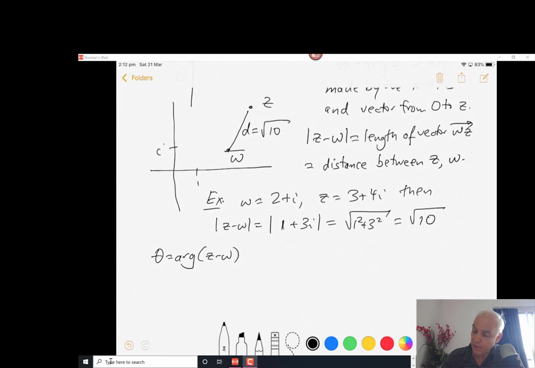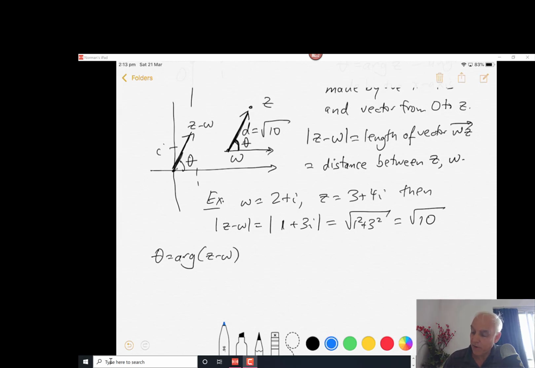Here is a line parallel to the x-axis, and then here is the vector from W to Z, and the angle theta right there is the argument of Z minus W. Actually, Z minus W as a vector would be the same vector down here, just translated so that it's starting at the origin. So that would be the point Z minus W, and theta is exactly the same as it is here. So the two angles are the same.